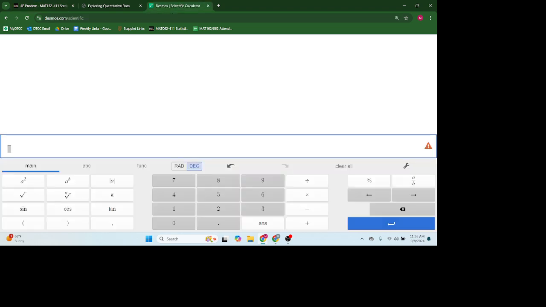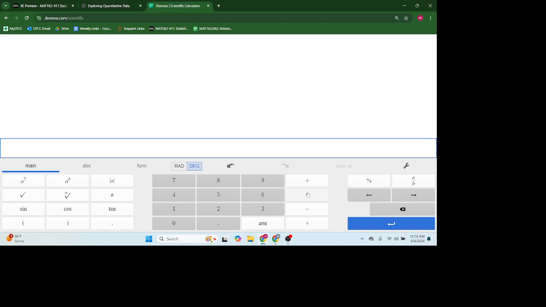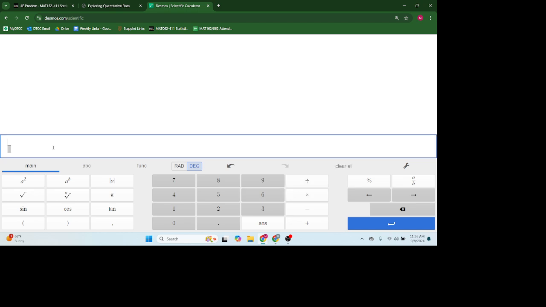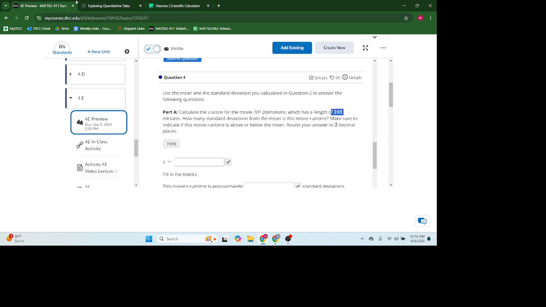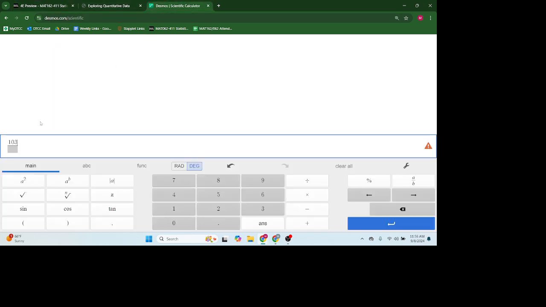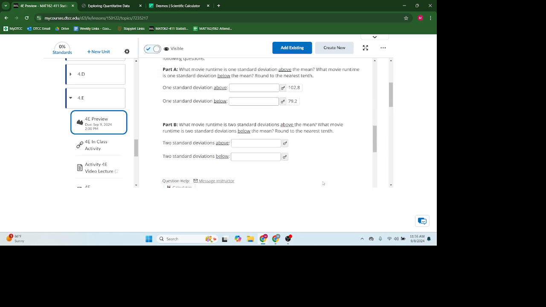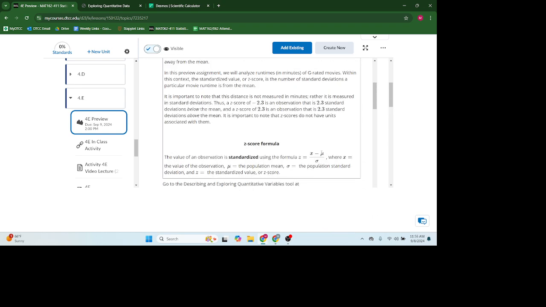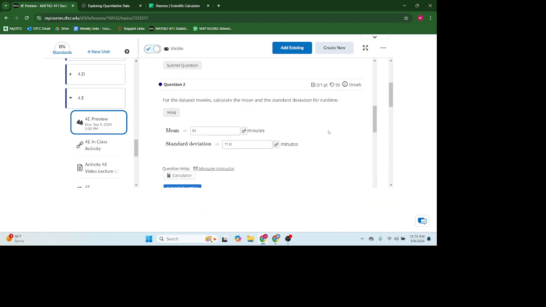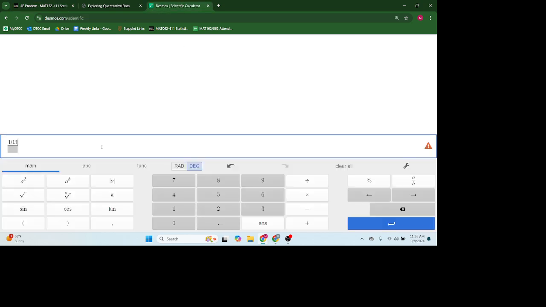In the calculator, the first thing you want to do is create a ratio, like a fraction, by hitting the division symbol. On the top, write 103, the 103 minutes. The next part of the formula says you need to subtract the mean, mu. Our mean is 91, so we take 103 and subtract 91.